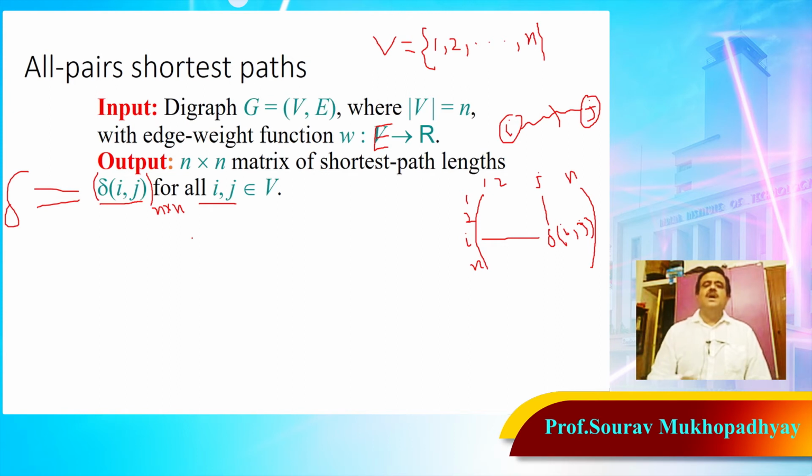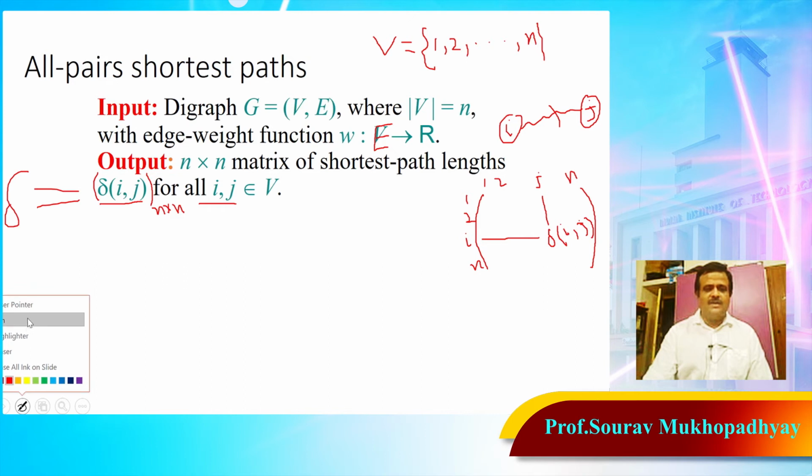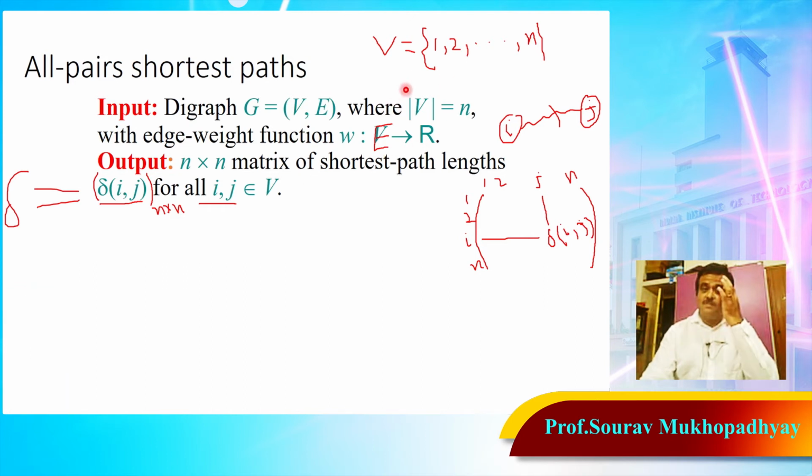So given, this is the input. We have a directed graph, and we have edge weights. There are n vertices V1, V2, Vn. For simplicity, we are taking 1, 2, 3 up to n. Then we have to find this delta matrix, which is delta of i comma j, the shortest path between any two vertices.